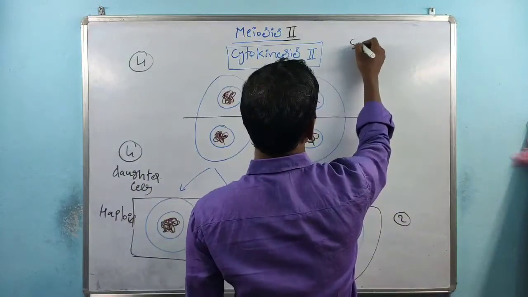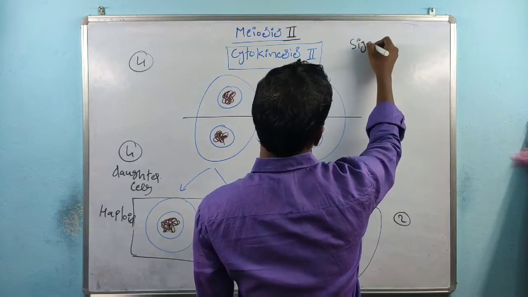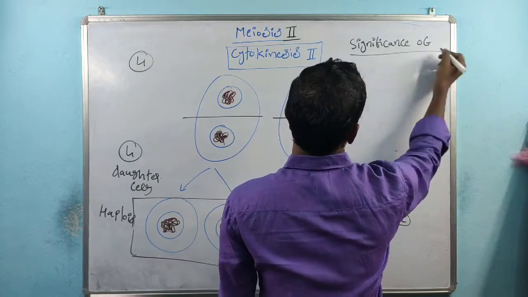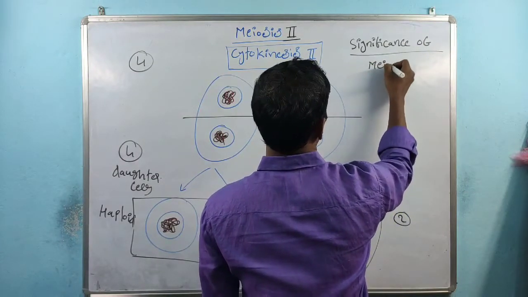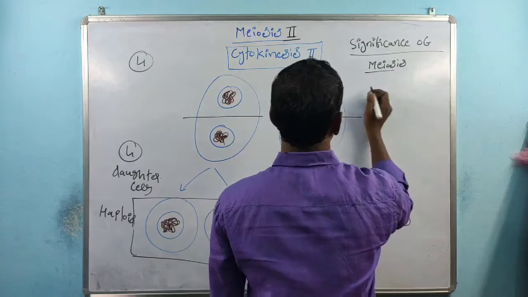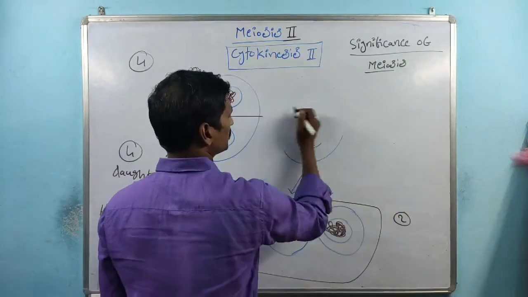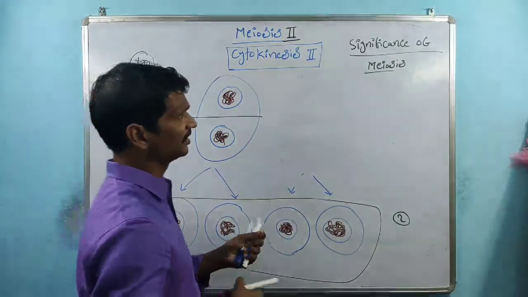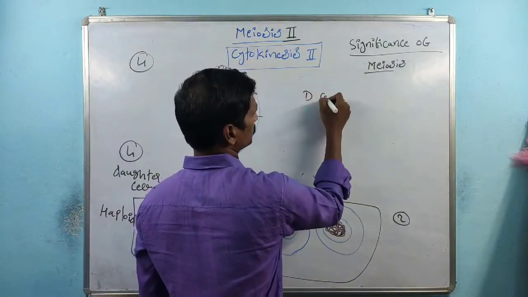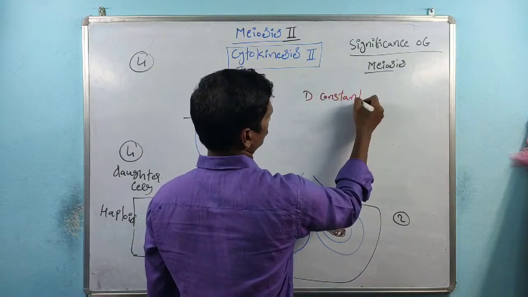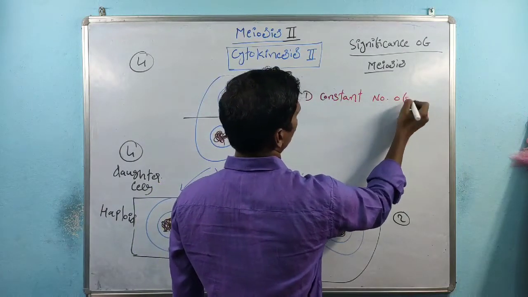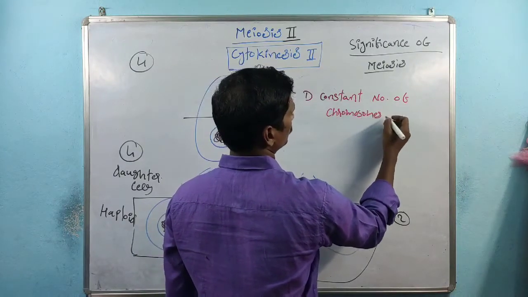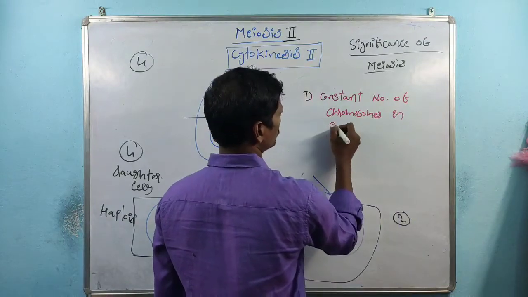See, significance of meiosis. This is a very important one, because it maintains the constant number of chromosomes in every species.